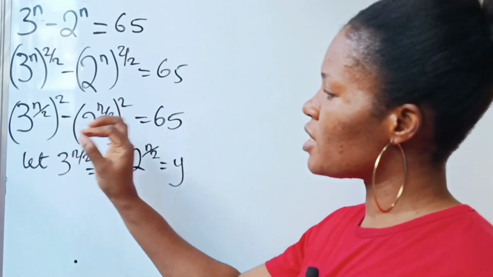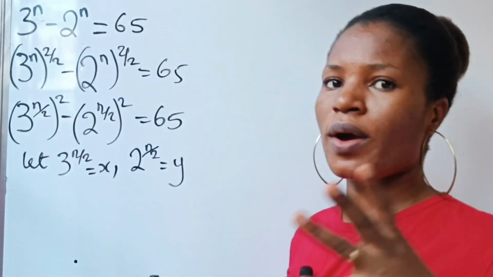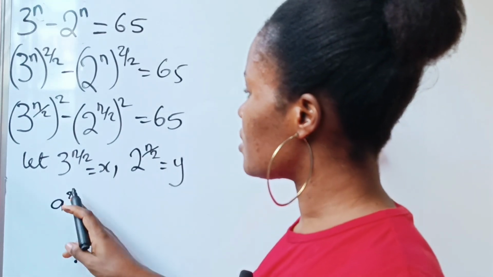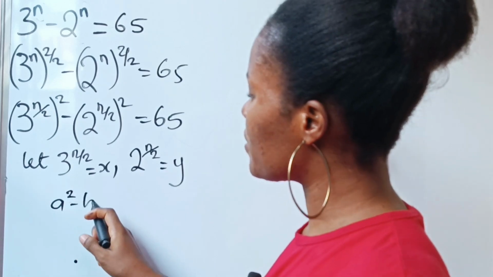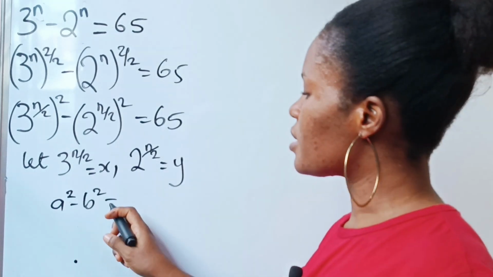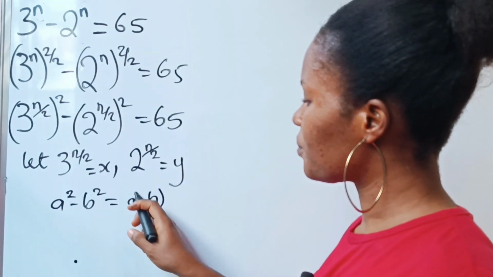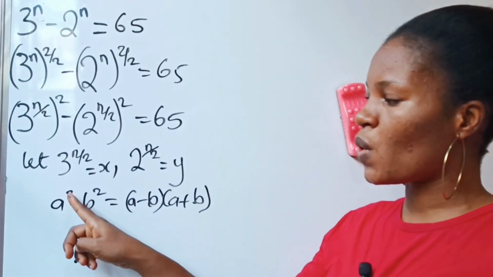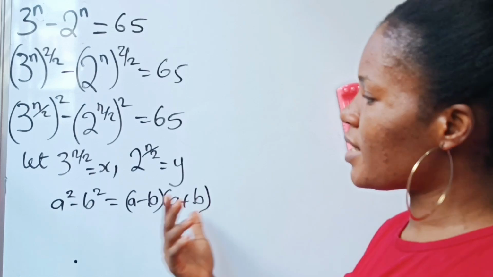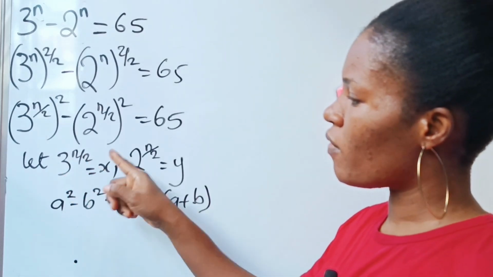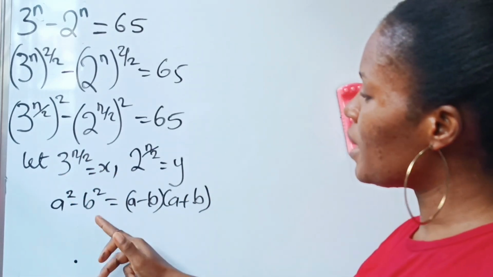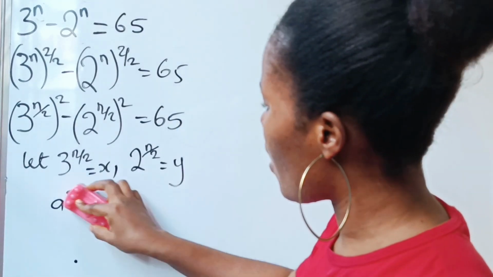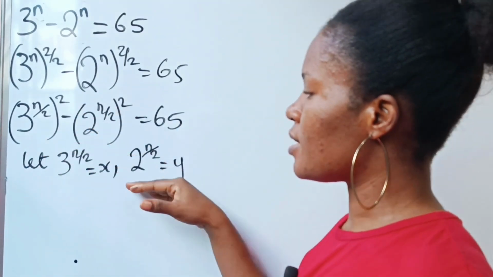According to our algebra identity, the difference of two squares states that a squared minus b squared is equal to a minus b multiplied by a plus b. Now in this case, our a is 3 to the power of n over 2, and our b is 2 to the power of n over 2.